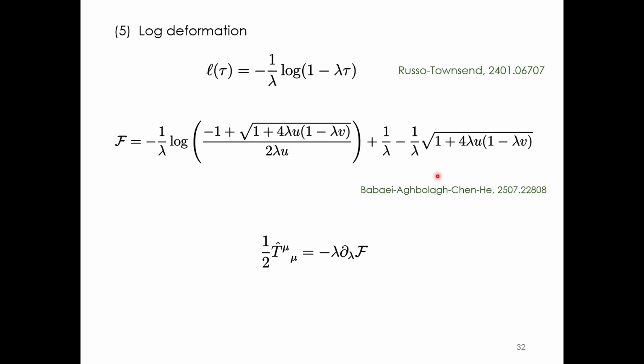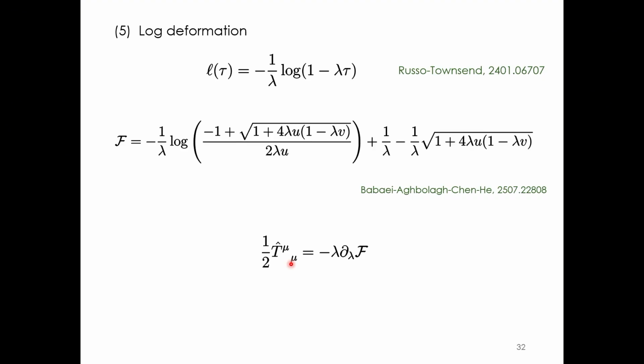This action was obtained by Babaei-Aghbolagh et al. in these papers. They borrowed these expressions and got the deformed Lagrangians based on this. Lambda is also a dimensionful parameter, and also in this case the trace of the energy momentum tensor is not zero.